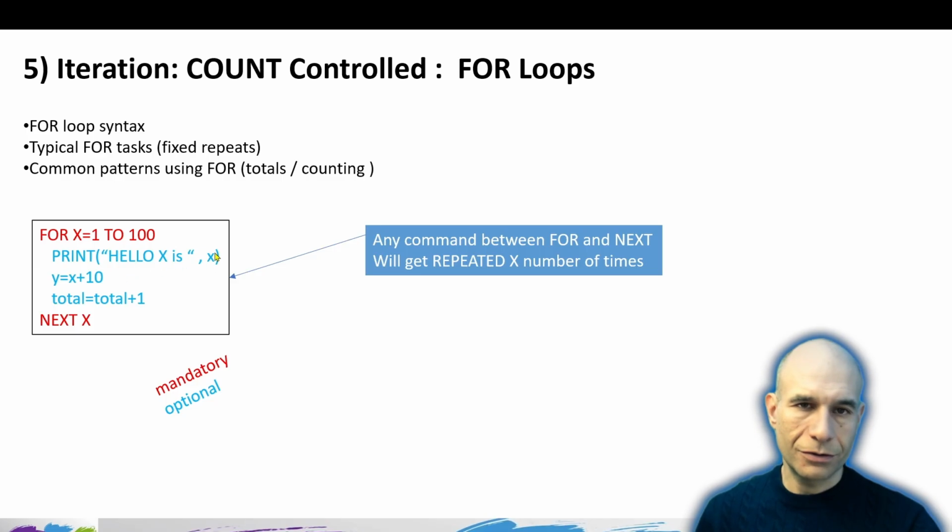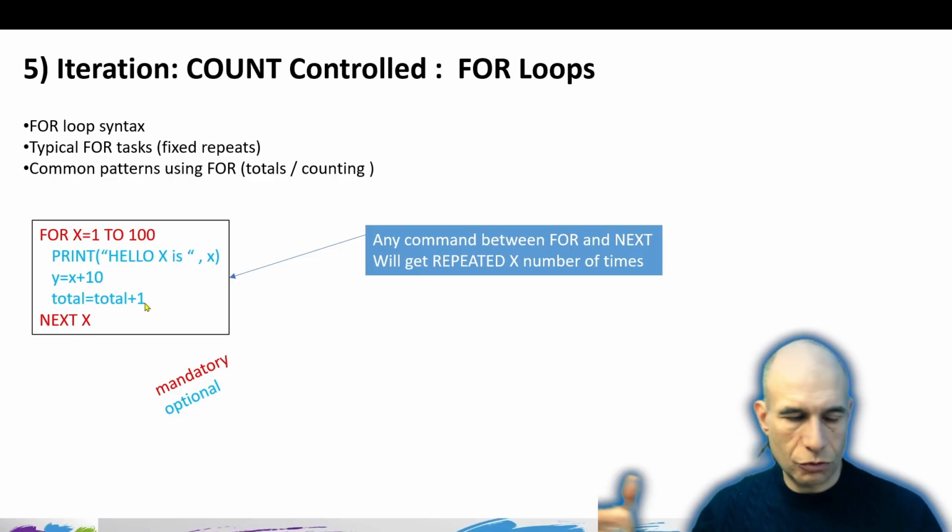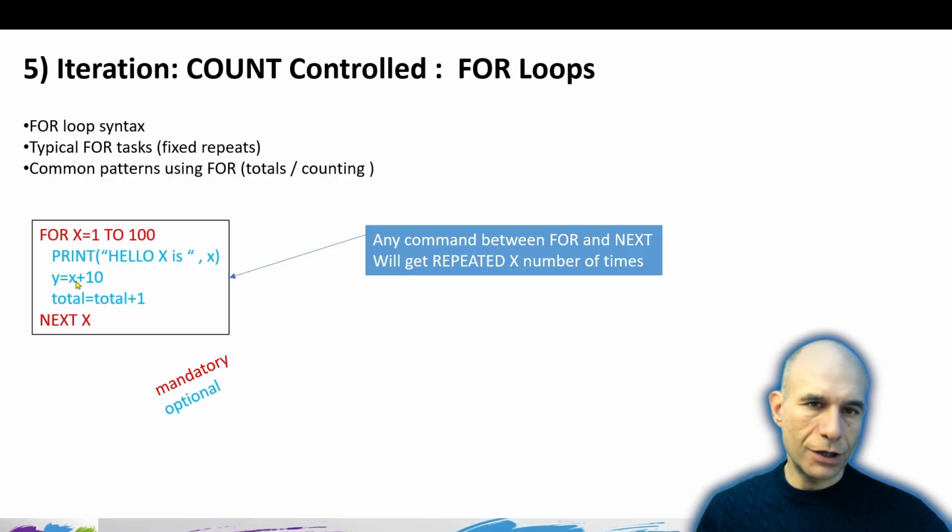It will print 1 first, and in the next run of the loop it will print 2. Then it creates a variable called y and assigns it x plus 10, and also creates another variable called total, where total is total plus 1. These are just random variables, but you can do such calculations inside a for loop. Let's go to our code station and do a couple of examples and practices to see how exactly for loops, or count control loops, work.